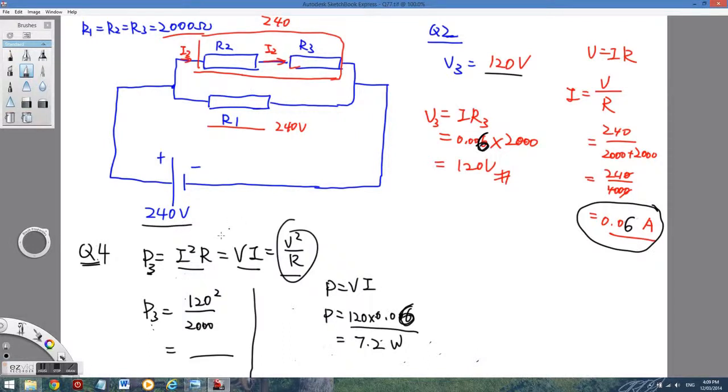Then when you're using the equations, you need to use the values for that device. For example, if I want to find the power of resistor 1, I need to use the current through resistor 1 and or the voltage of resistor 1. So just do some practice.